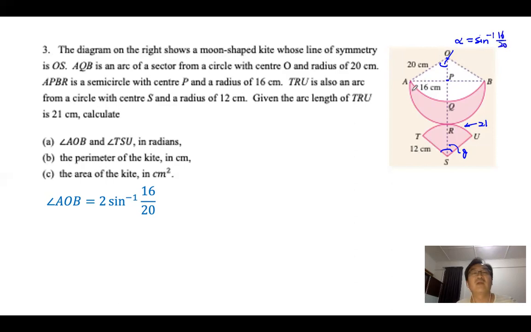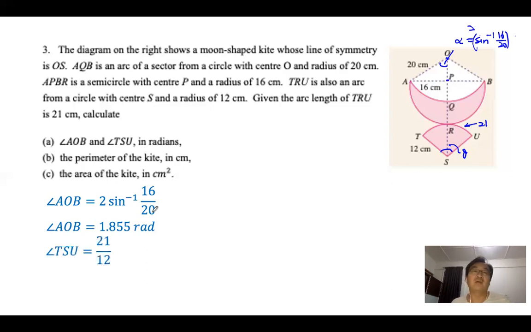Since we want to find AOB, you need to multiply everything by 2. Therefore, 2 sine inverse 16 over 20. When you use your calculator, you press 2 shift sine 16 over 20, you get the angle in radian, 1.88855 radian. So this one is AOB.